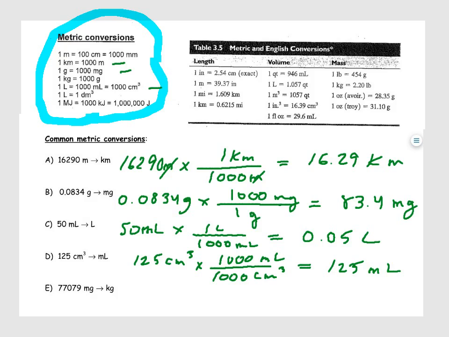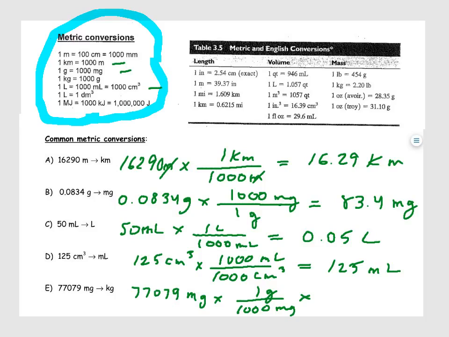Part E, the last one, milligrams to kilograms. There is no milligram to kilogram conversion directly. I mean, you could do it if you know your metric for sure, but with what I've given you, and limited skills, you'd have to do steps. 77,079 milligrams. You could change that into grams, because there's 1,000 milligrams in 1 gram.